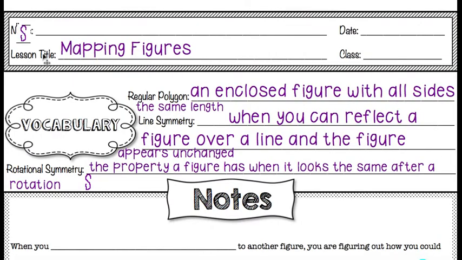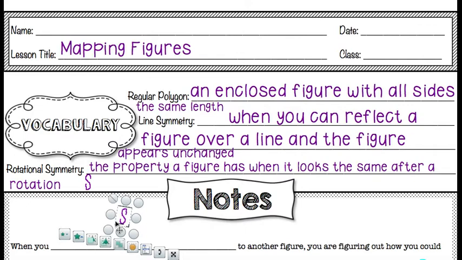It did. Here's the letter S. If I turn it upside down, it still looks like the letter S. So turning something upside down is 180 degrees. That's a 180 degree rotation. So the letter S has 180 degree rotational symmetry.